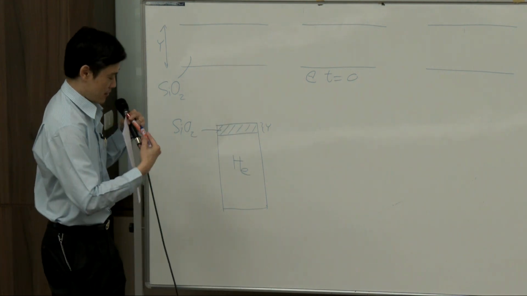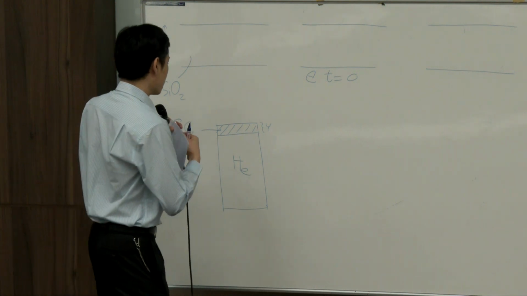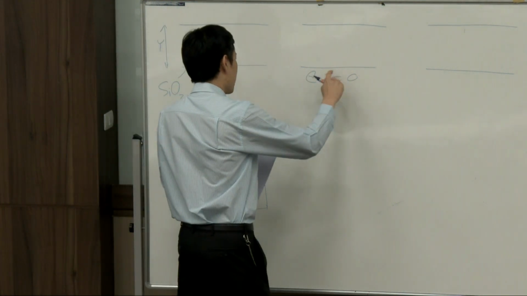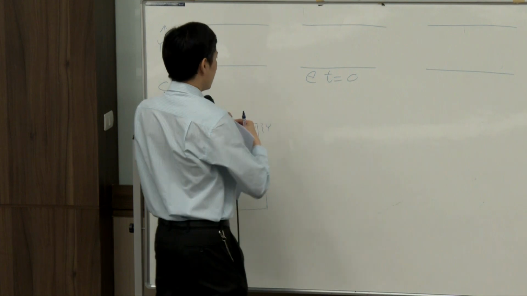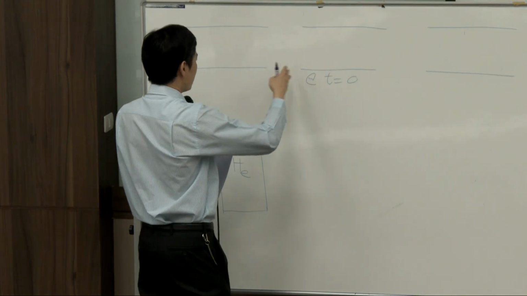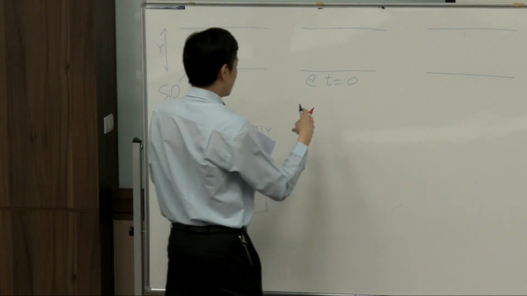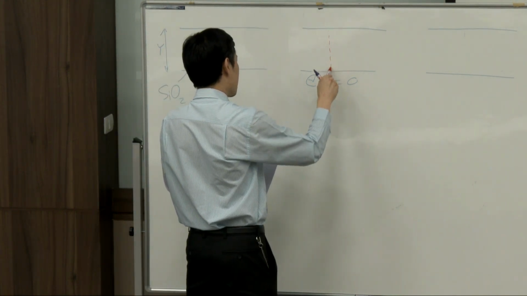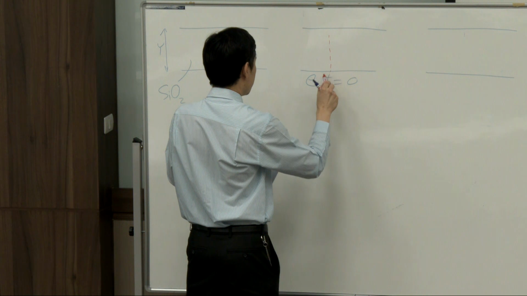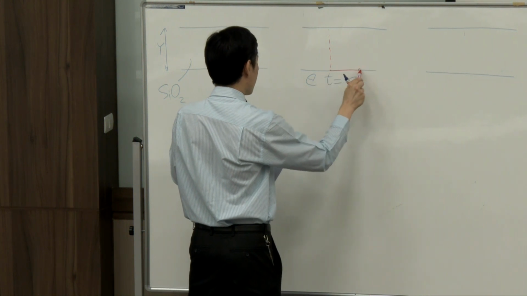All right? So at time equal to 0, the concentration of helium underneath here would jump from 0 to some certain value. So let's say that if this is concentration, at t equal to 0, the concentration jumped here.